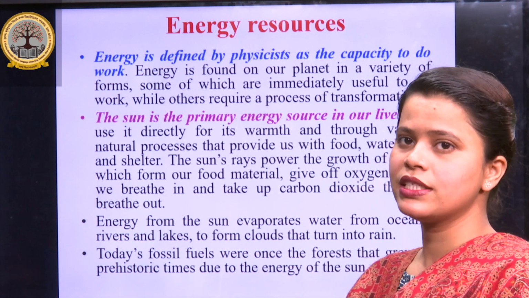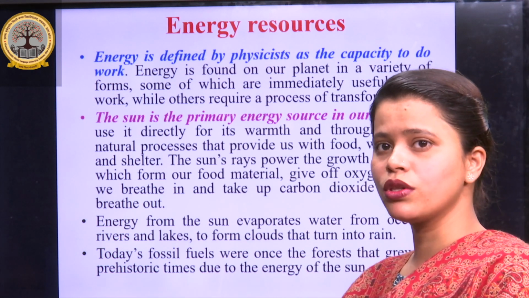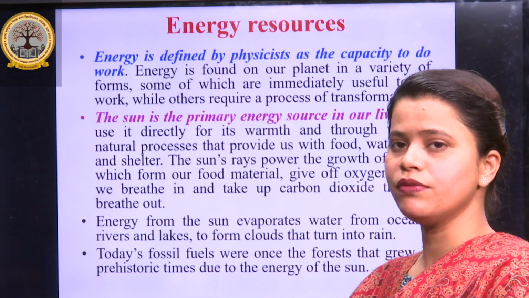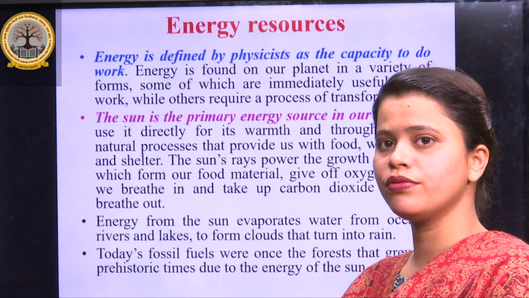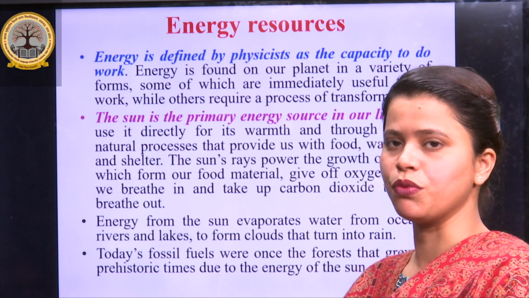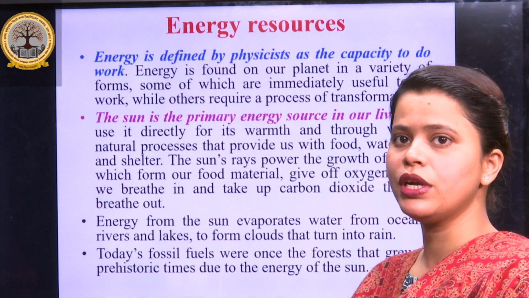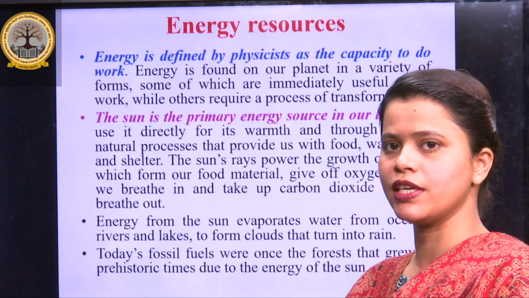It provides heat, or it warms the planet, and in addition it also gives energy to us in various forms. The ultimate source of energy for all the animals and organisms on this earth is food, and the food is prepared by the autotrophic organisms or the producers in this ecosystem.